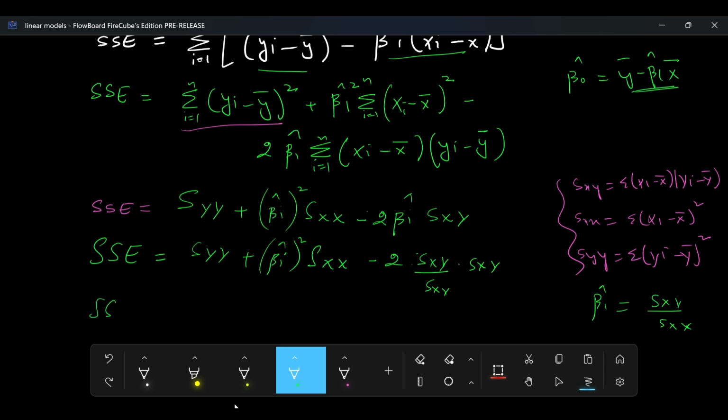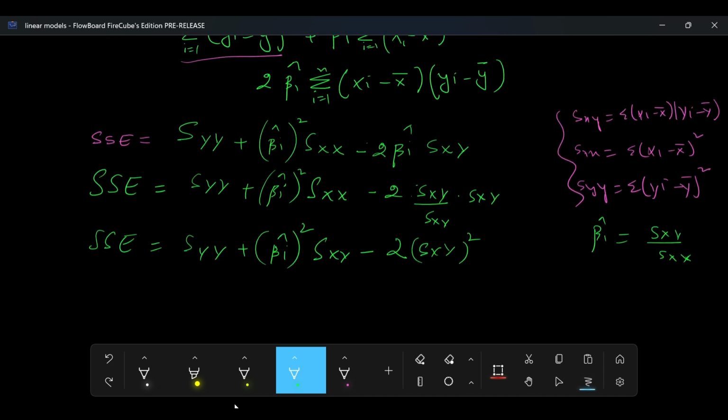So SSE is equal to SYY plus beta 1 hat square SXX minus 2 SXY square upon SXX.